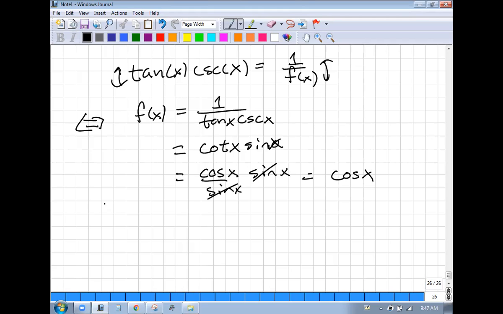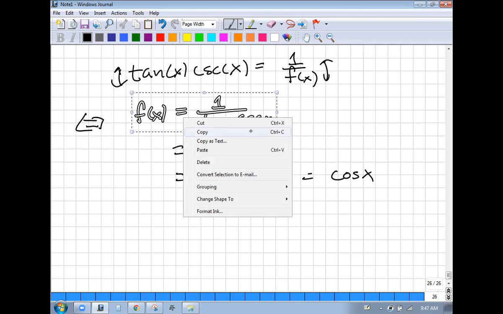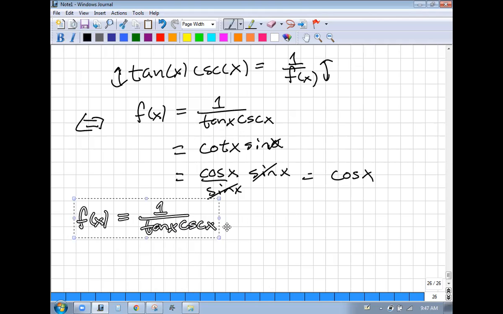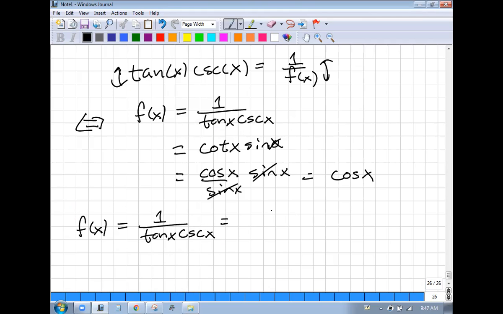Or I would have still done this just to get f of x by itself. And I could have done, well, tangent is sine over cosine, and cosecant is 1 over sine, right? And then I'd be like, okay, this is 1 over cosine.